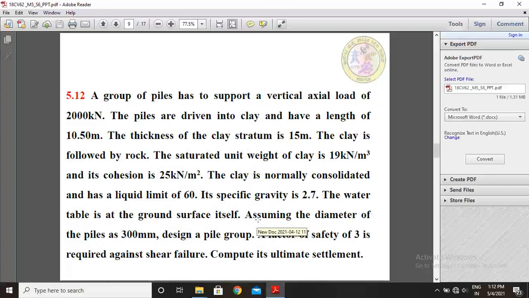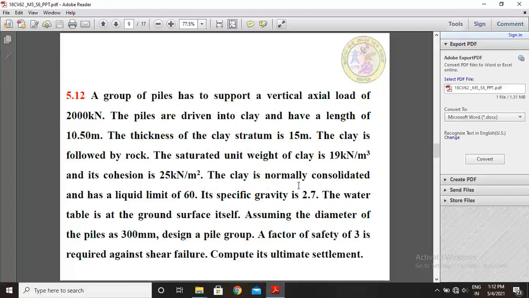Let us see this type of problem. A group of piles has to support a vertical axial load of 2000 kilonewton. The piles are driven into clay and have a length of 10.5 meter. The thickness of the clay stratum is 15 meters. The clay is followed by rock. The saturated unit weight of clay is 19 kilonewton per meter cube and its cohesion is 25 kilonewton per meter square.